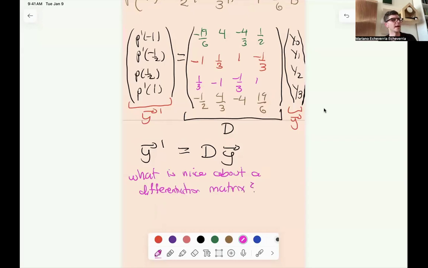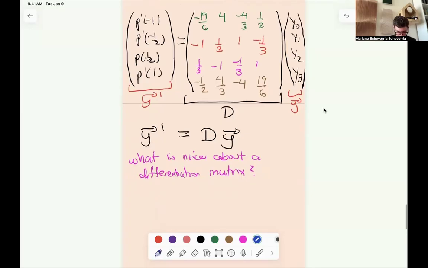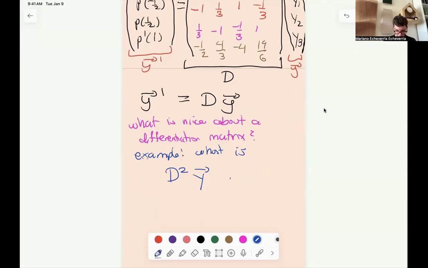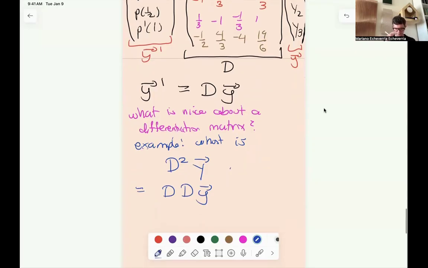Well, imagine that I asked you what does D squared times y correspond to? By that I just mean you square the matrix and multiply that by y. So this is the same as D times D times y.